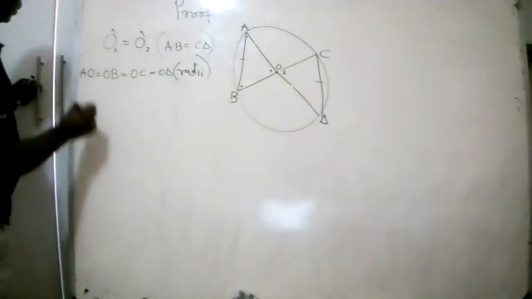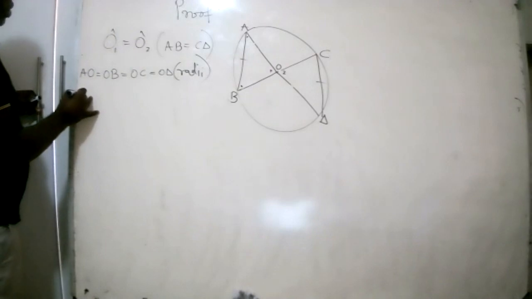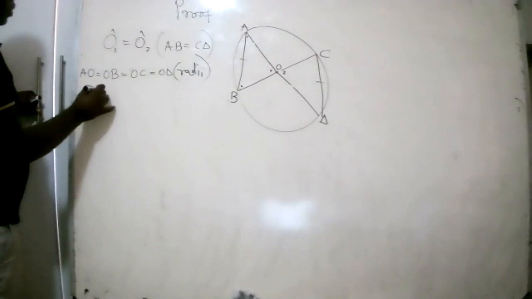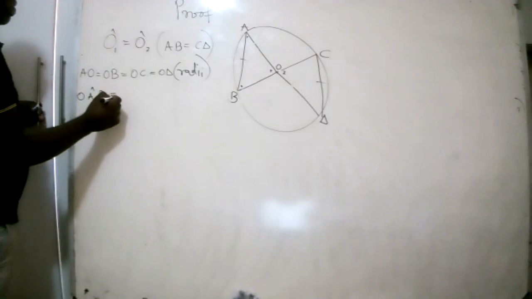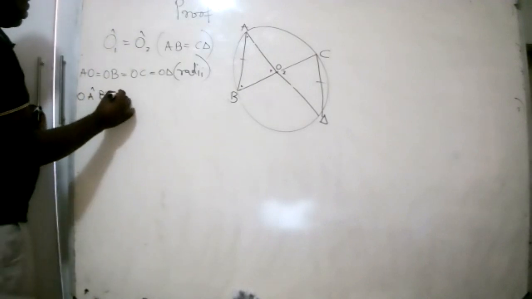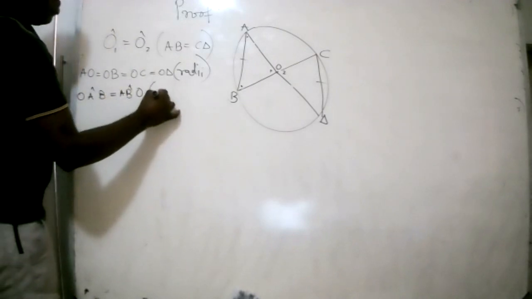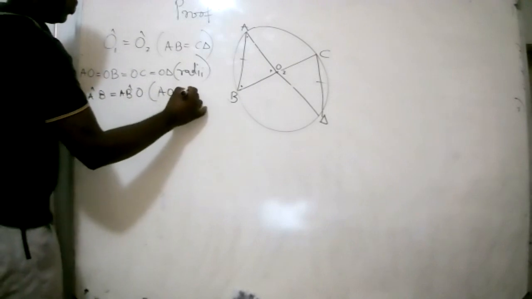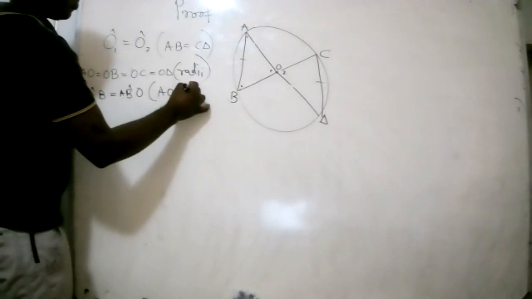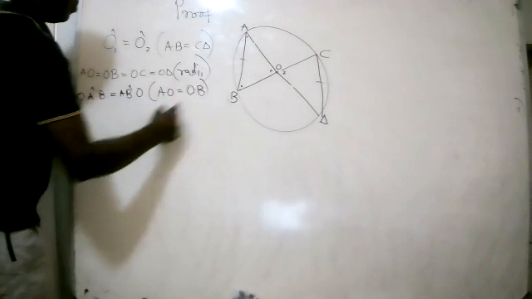In this case, we can say angle OAB is equal to angle ABO. Why? Because AO is equal to OB, as simple as that.